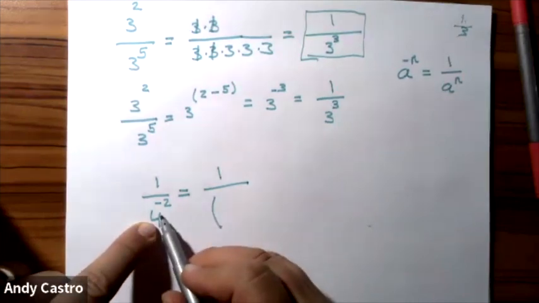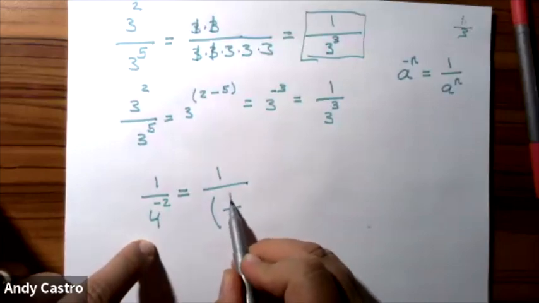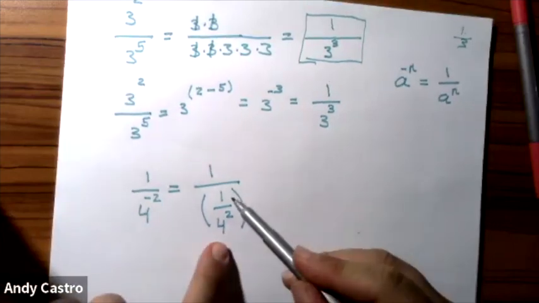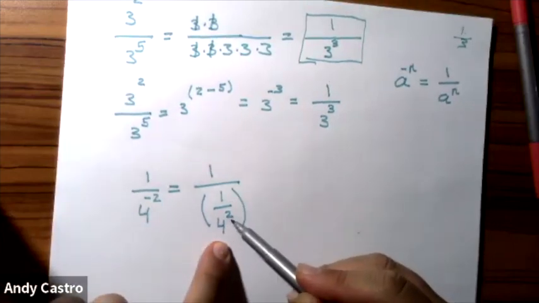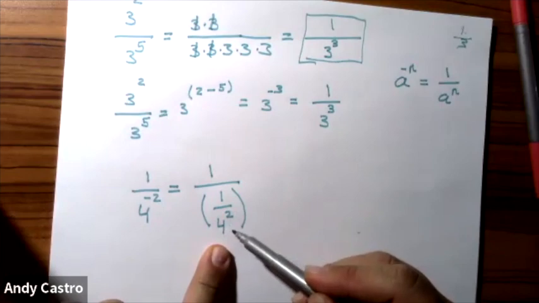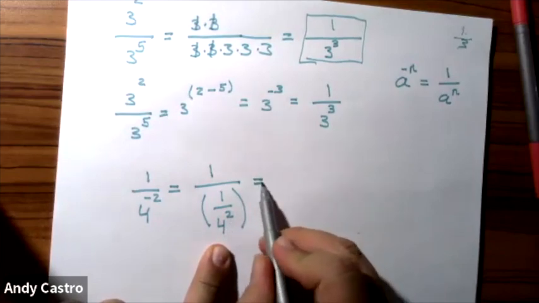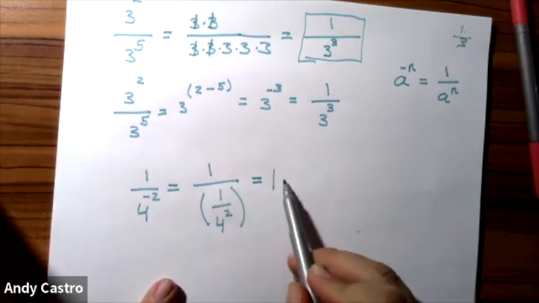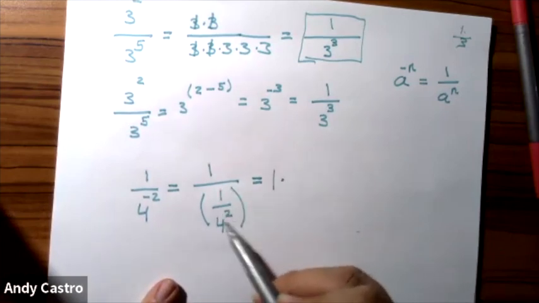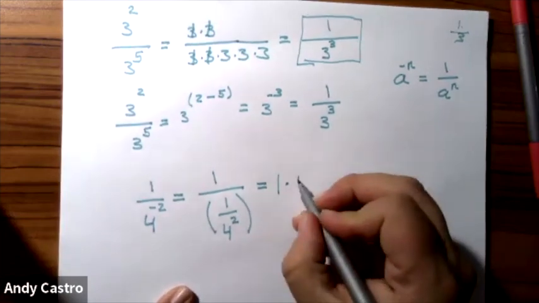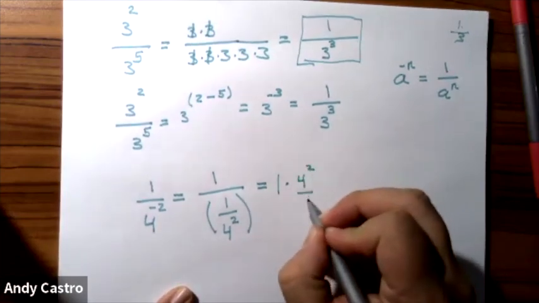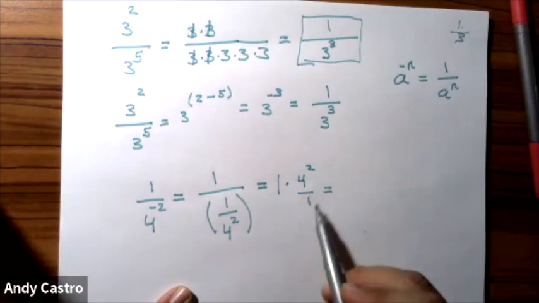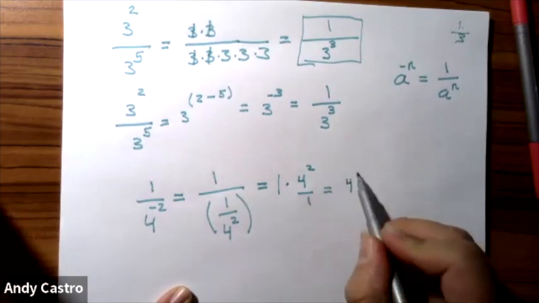I'm going to move that 4 to the negative 2 into a little denominator here. So this becomes 1 over 4 squared in the denominator. And if I simplify this, I have the numerator times the inverse of the denominator, which is 4 to the second power over 1. 1 times 4 squared over 1 is 4 squared.